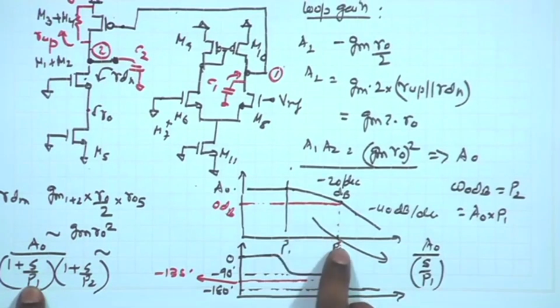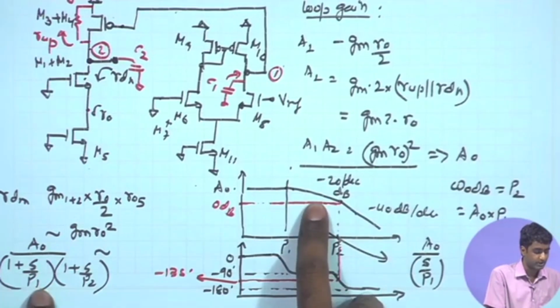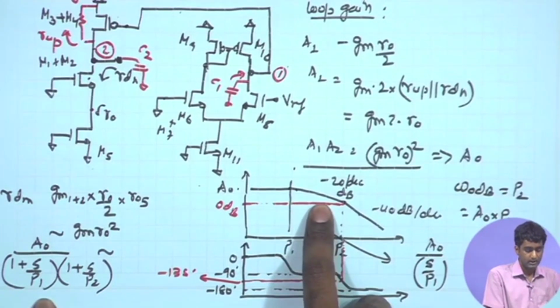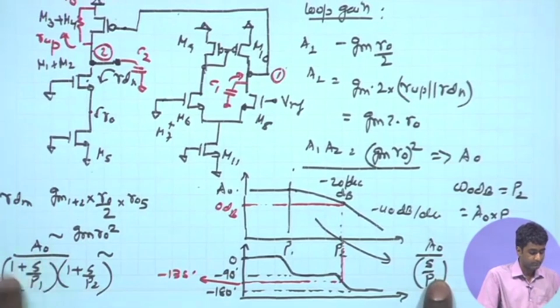We are assuming that P2 is much higher than P1, and you are at a frequency which is much higher than P1. As a result, you can ignore this 1 with respect to S upon P1, and hence we are left with only the S upon P1 term from the first factor.